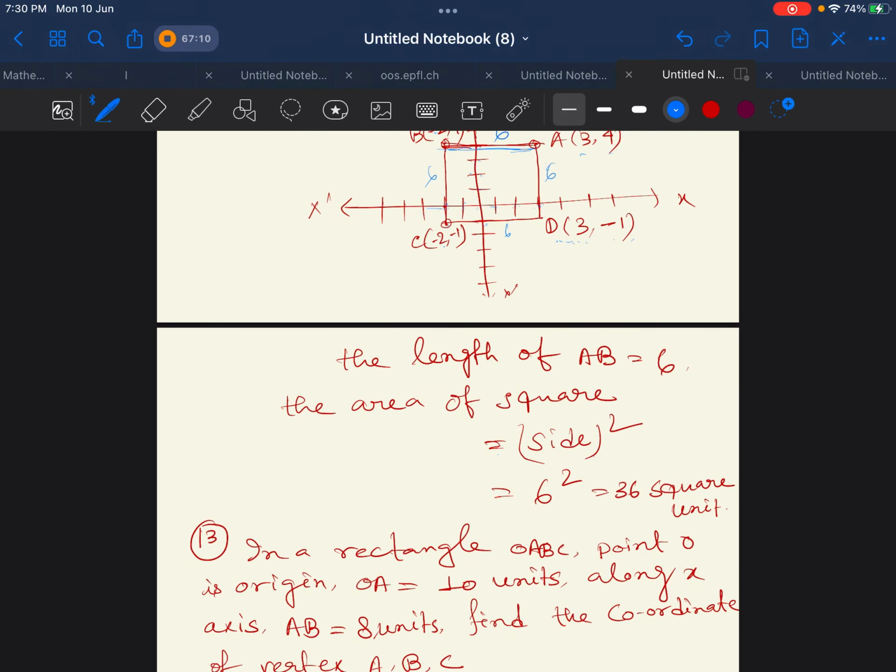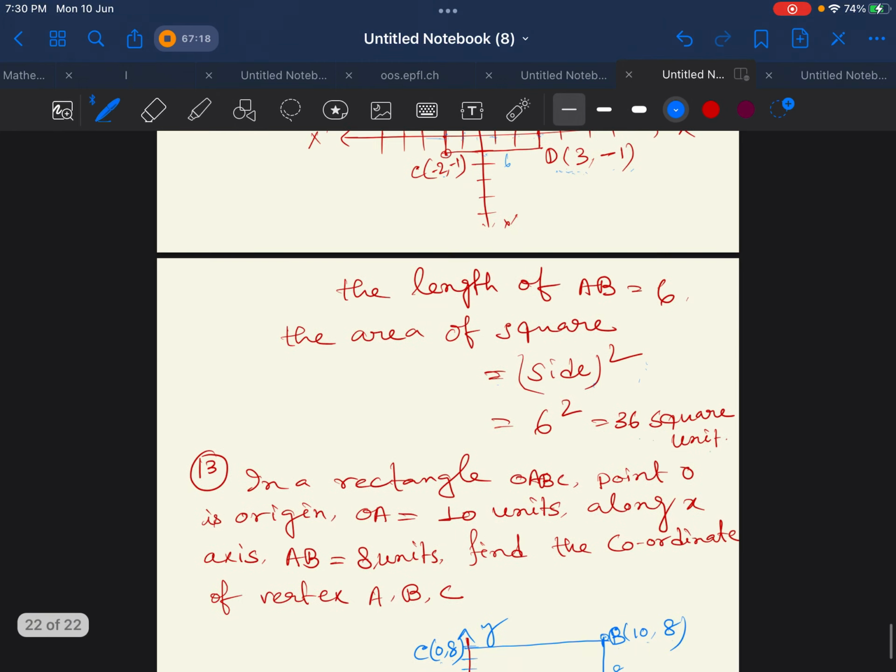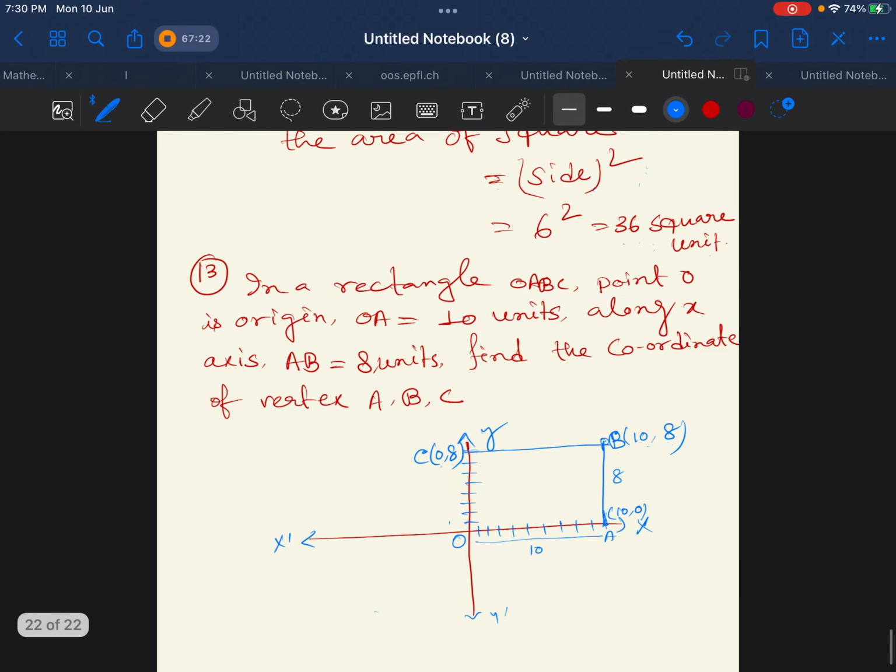The area of the square equals side square, 6 square, which is 36 square unit. So the area of the square is 36 square unit.